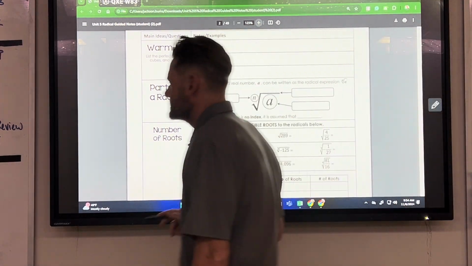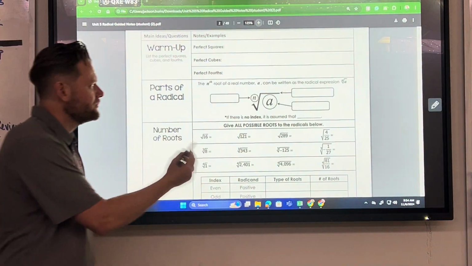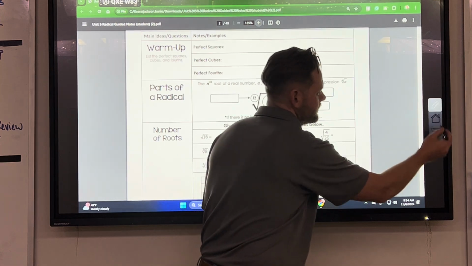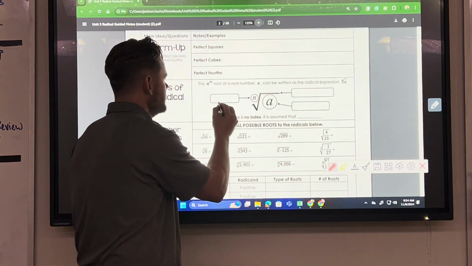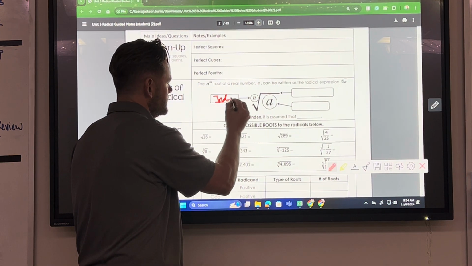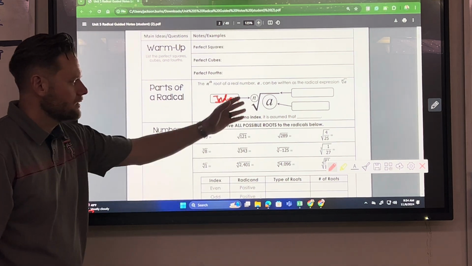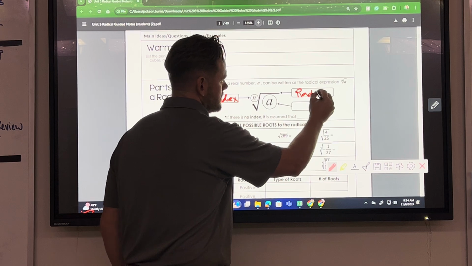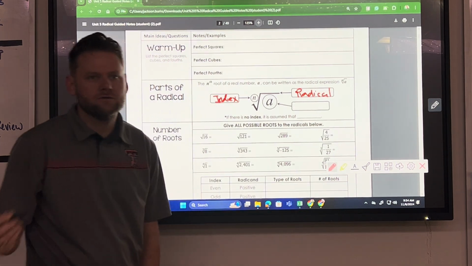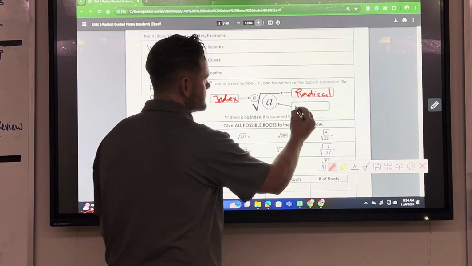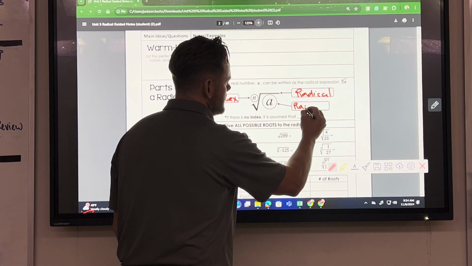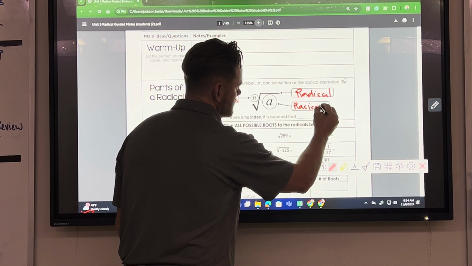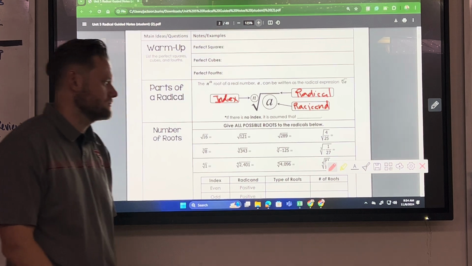What we call this number that is the type of root that we have, we call that an index. Of course, you know our radical sign, and underneath is the radicand.